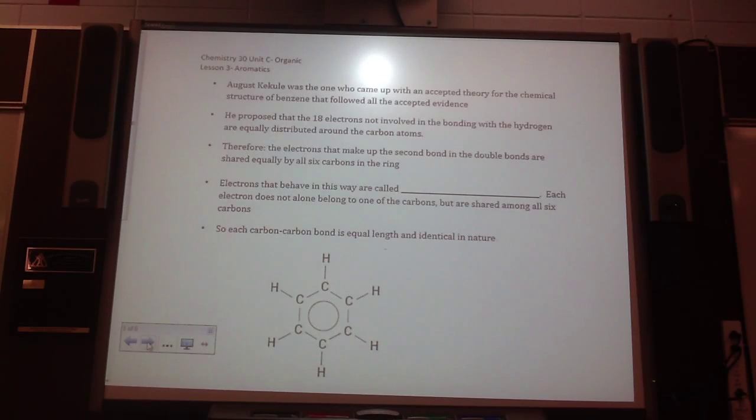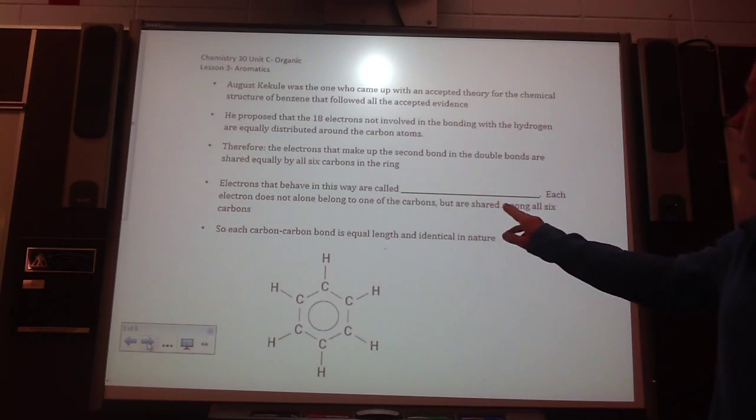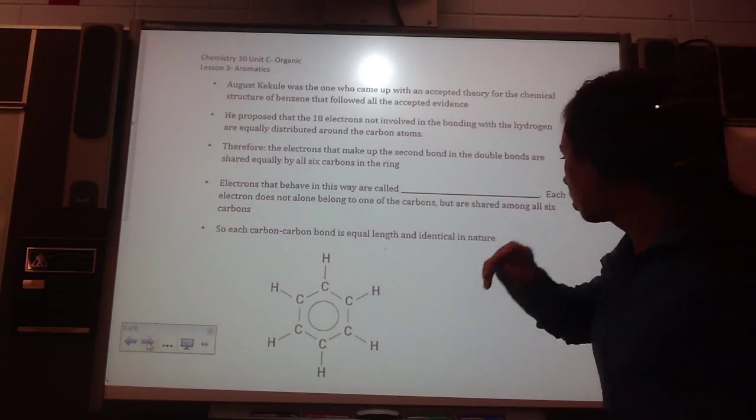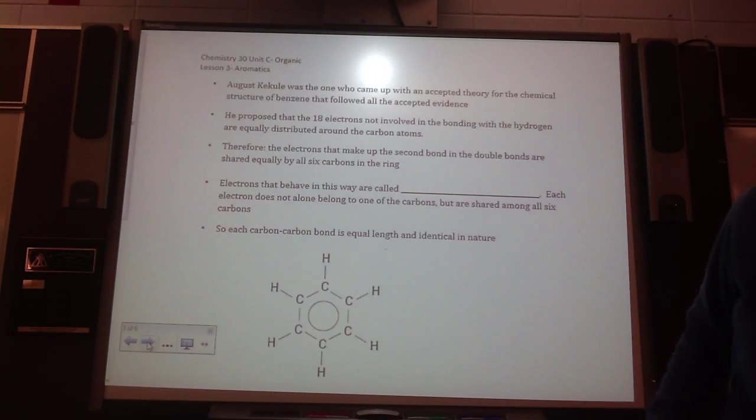What? That's crazy. Okay, so it's a sea of electrons. Where else did we talk about a sea of electrons? Metallic bonds, yes. Those electrons, we say that they're delocalized, so they can spread around and float, and everyone gets to share them, right?